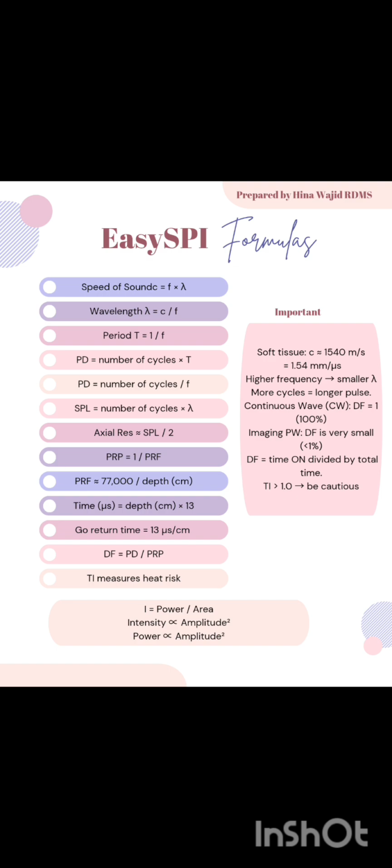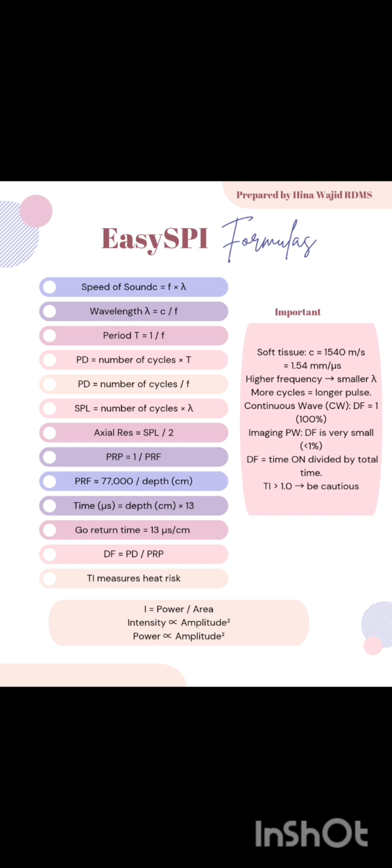What is TI? Thermal index. It measures heating risk. It should be less than 1. And when TI increases, follow ALARA. As low as reasonably achievable. Exposure should be reduced. Time duration should be reduced.